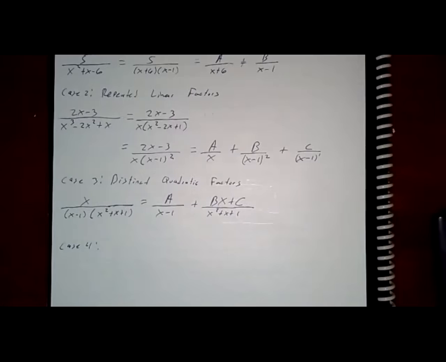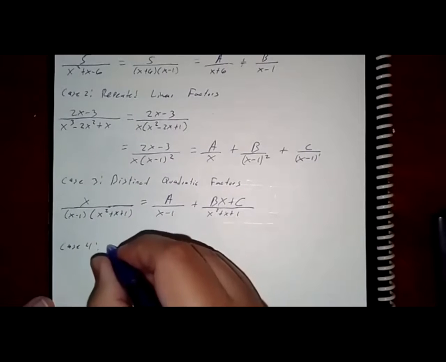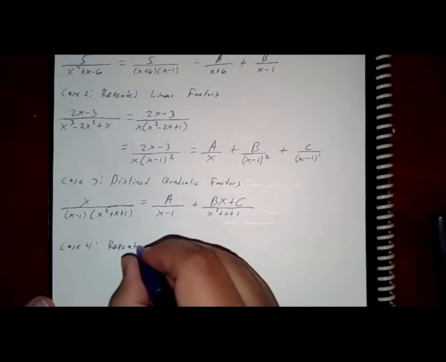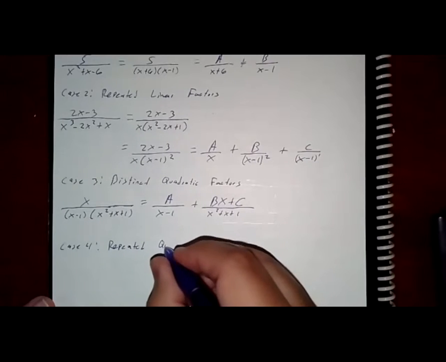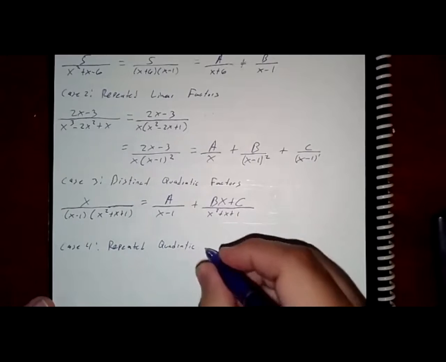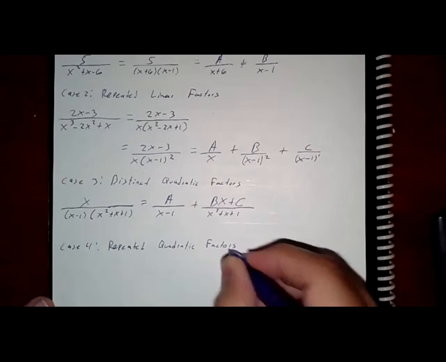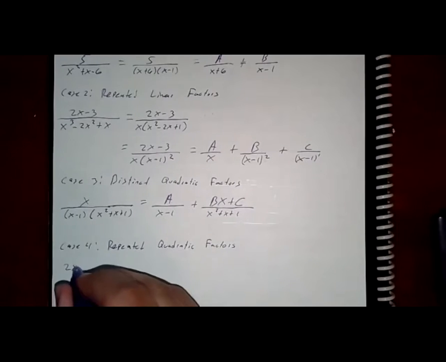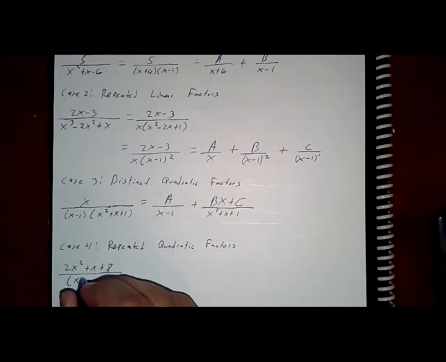Case 4. Repeated quadratic factors. Sorry, I forgot to spell for a second. Basically, it's going to be a combination of 3 and 2. Okay, so if you have 2x squared plus x plus 8 over x times x squared plus 4 squared.